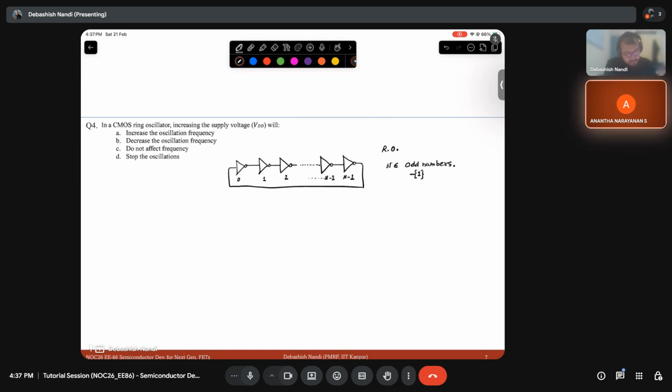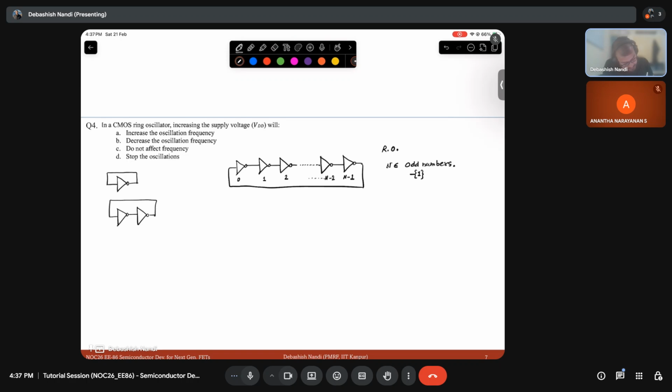So what is the difference between these three cases? Just tell me.